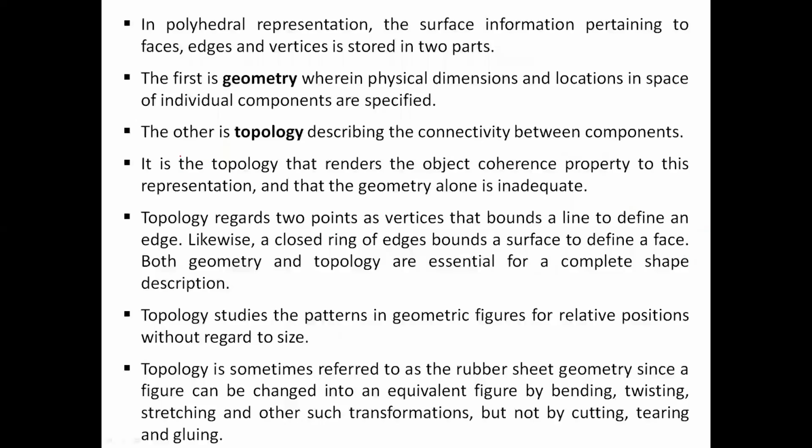So when you talk of a polyhedral representation, the surface information is basically stored in the form of faces, edges, and vertices. Now, what is this? Suppose you have a cube.